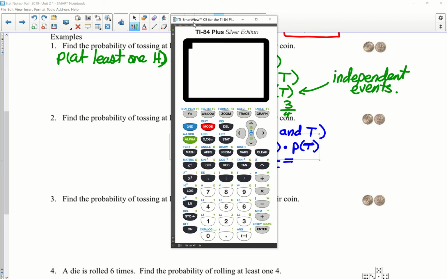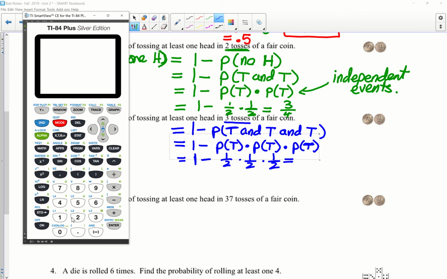And that's why I'm just kind of glossing over that, because you just type it in exactly how you see it. 1 minus 1/2. You could use the fraction function or not. It doesn't make a difference. Do you use parentheses in that? If you're not using the fraction function, then you'd want to use parentheses, yeah. But if you are using the fraction function, then you don't need them.